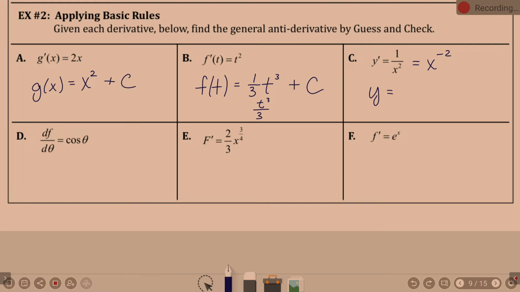So you're adding 1 to the power and dividing by it. Get that on there so I don't get in trouble. Does that work here? If you add 1 to the power, it becomes 2. And then what else would you have had to do? Divide by 2 would cancel that, right?